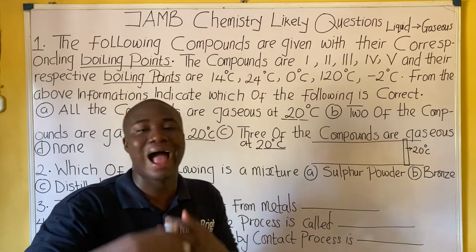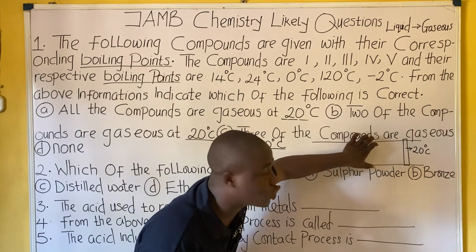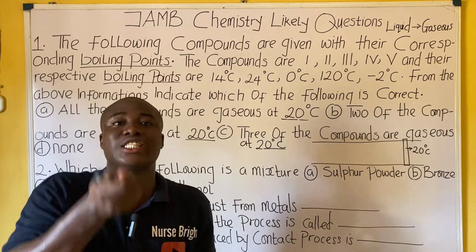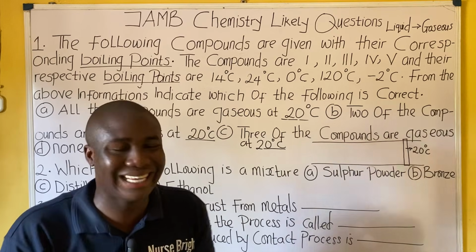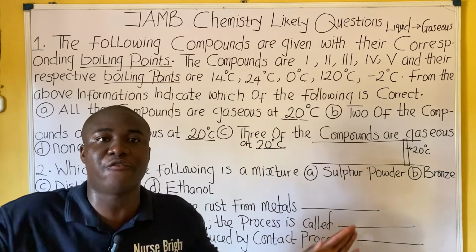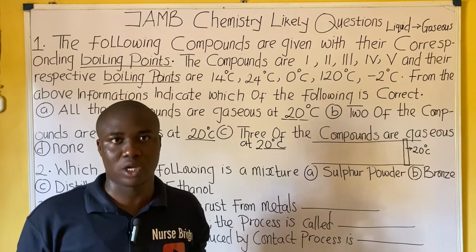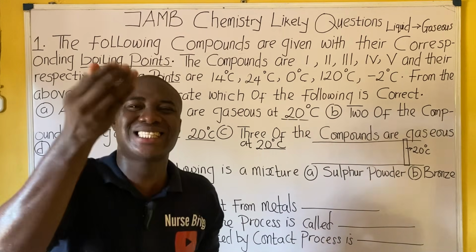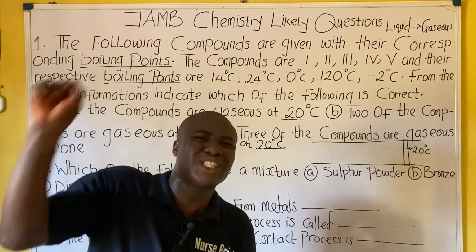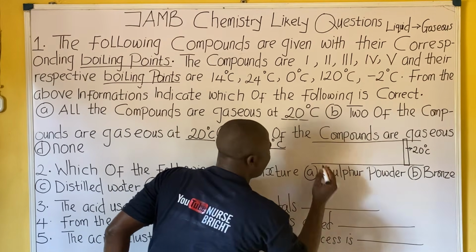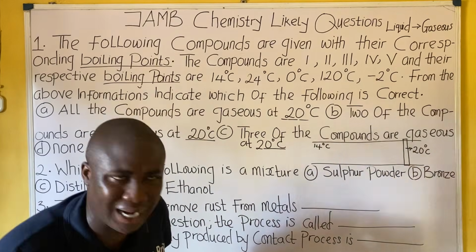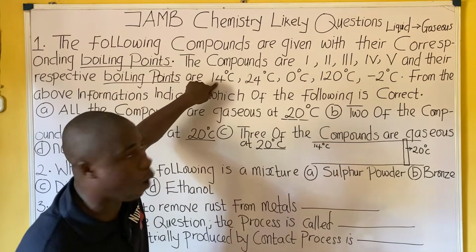Now remember, every track race has different runners. These runners, in this case, are the compounds with different temperatures. And these temperatures are the boiling points of these compounds. So let's start with the first, which is 14 degrees Celsius, part of the runners, which is the first compound.